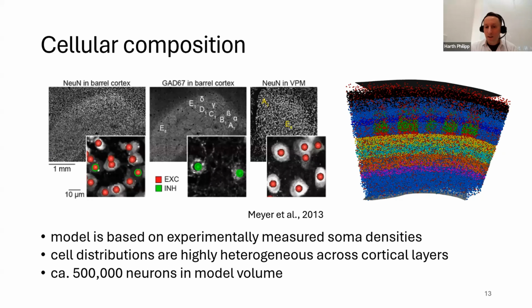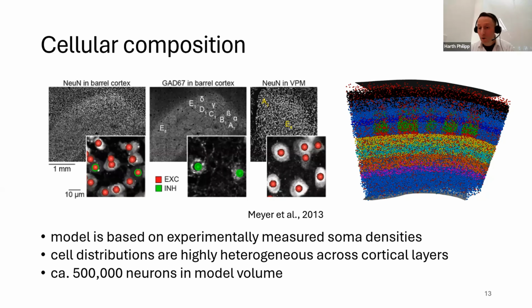One thing to note is that the packing density in these cortical areas is incredibly dense. So what we see here are only the somata, not the axon and dendrite branches. And the soma distributions have been experimentally determined, also by staining tissue slices across cortical layers. And we have then averaged over 4 such measurements the typical soma density.